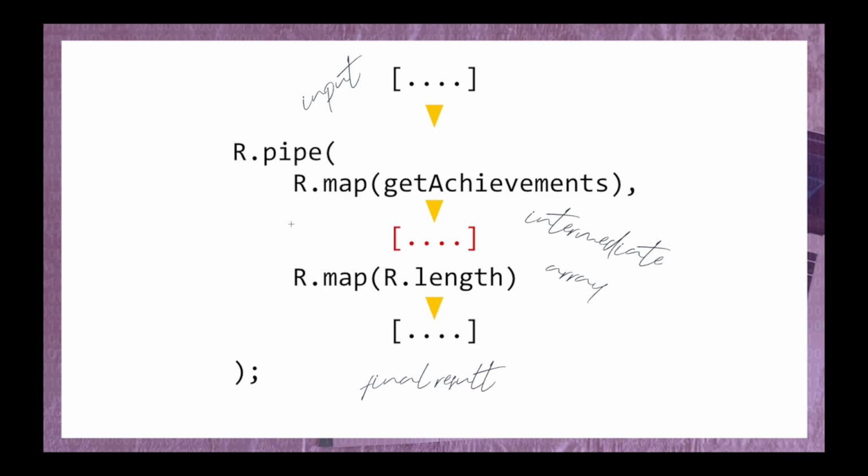So when we run this function with a given input, first of all this input is an array, and then we give this input to our pipe function. Then this input array will be passed to the first map function. It's a regular map function, and in this map function we iterate over each element of the given array, and then we get achievements from each object.